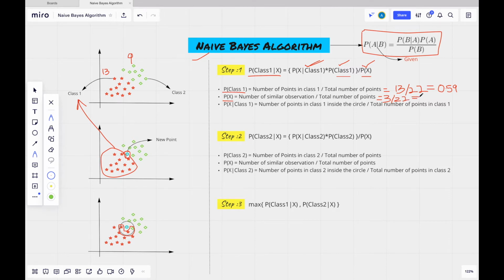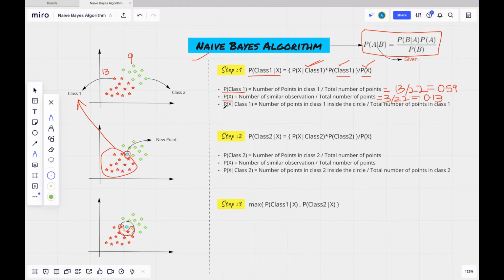So this will be equal to 3 upon 22, which is 0.13.